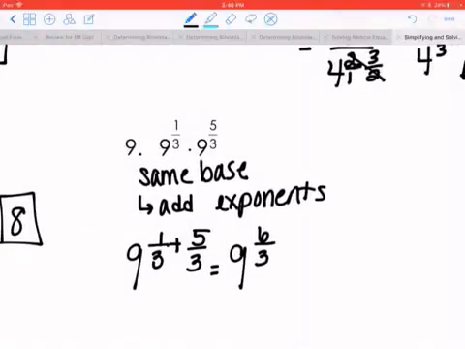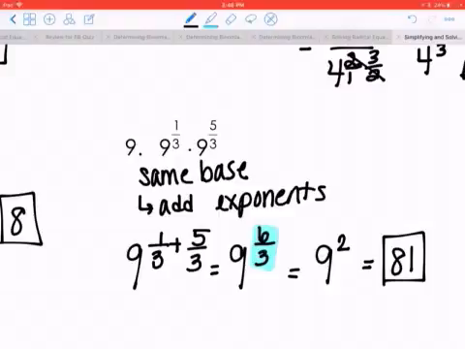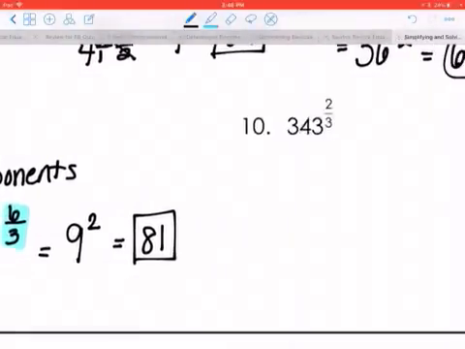Well, 6/3 can be reduced. This can be reduced. 6 divided by 3 is 2. So now we have 9 squared, which is just 81. I'm hoping this is making more sense now that we've kind of practiced this. We went over the quiz, and now we're reviewing some more.